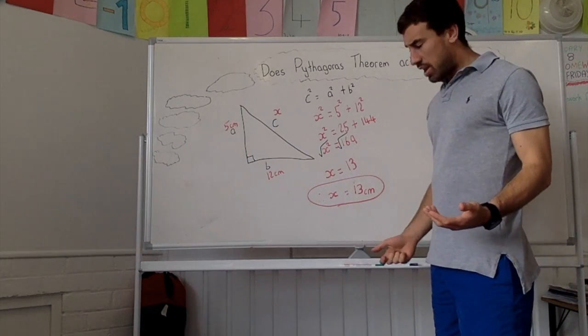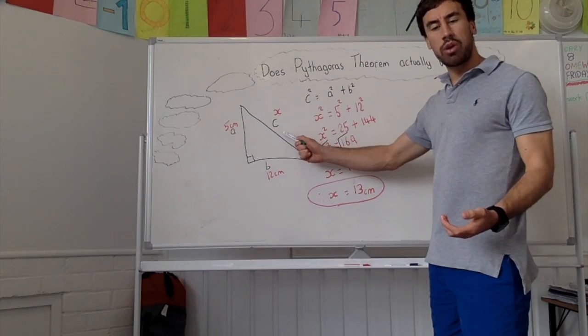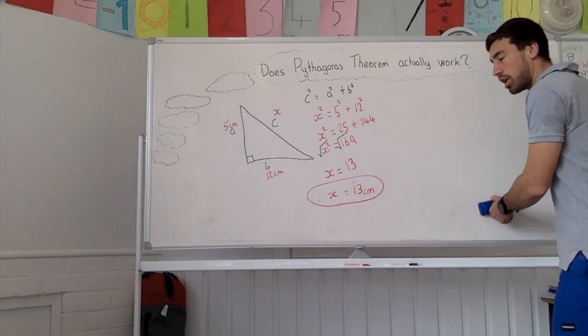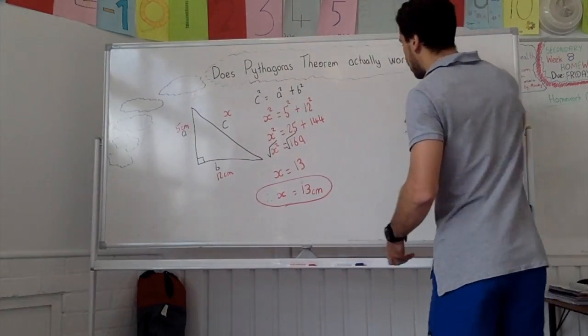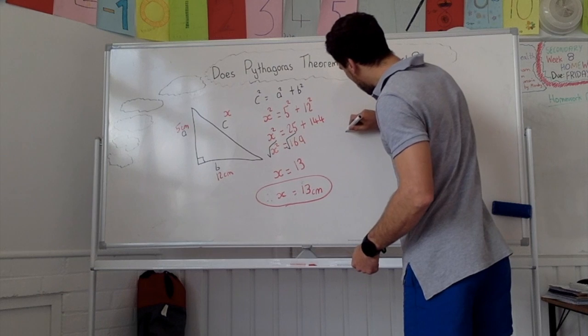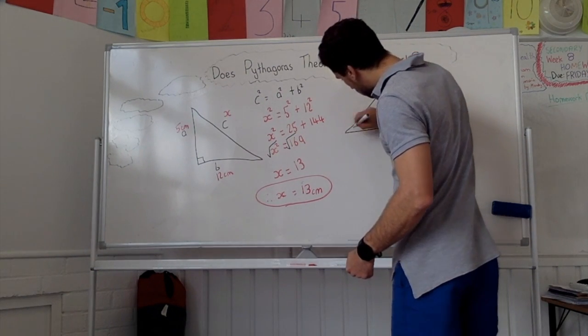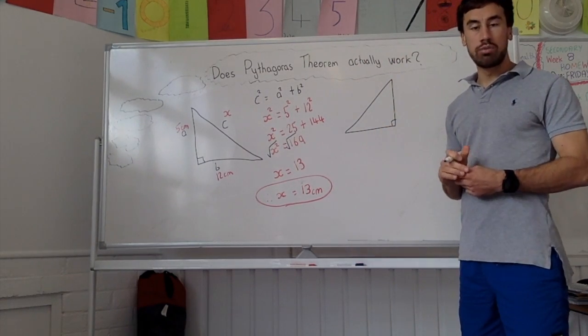What about if it isn't C that we're trying to work out, but one of the other sides? So let me draw up another triangle. Here's another right angled triangle.